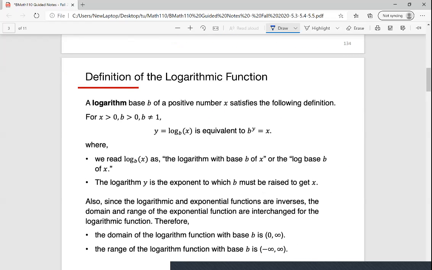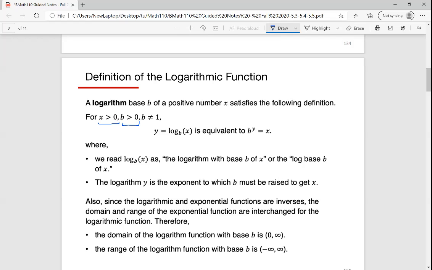To the definition of the log function. Okay, so log base b of a positive number x satisfies the following definition. As I stated before, x, the argument, has to be greater than 0.